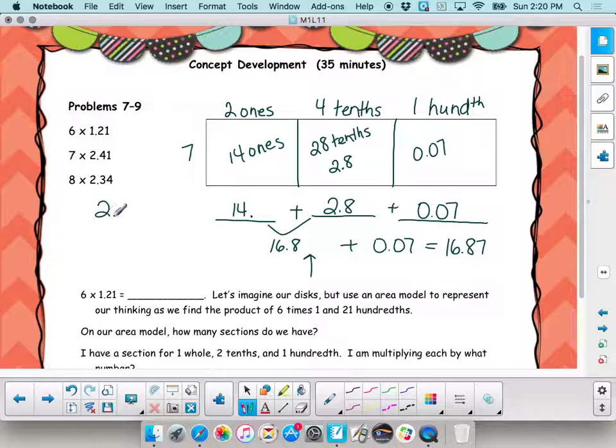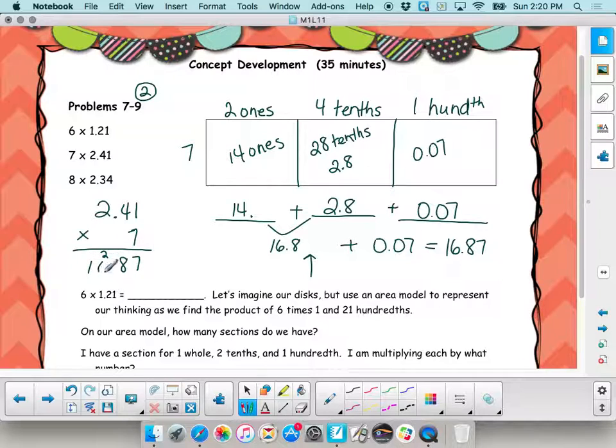So 2 and 41 hundredths. By the way, how many digits to the right of the decimal? 2 times 7. All right, and the decimal in the 7 is on the right, so we don't have to count any digits over there because 0 doesn't really count. 7 times 1 is 7. 4 times 7, 28. 2 times 7, 14.